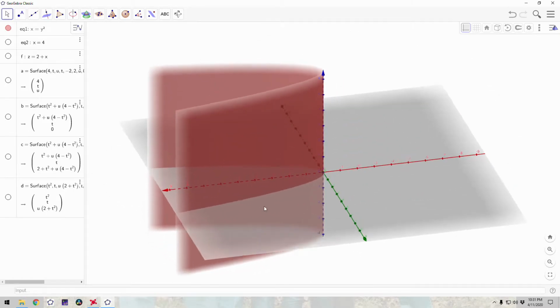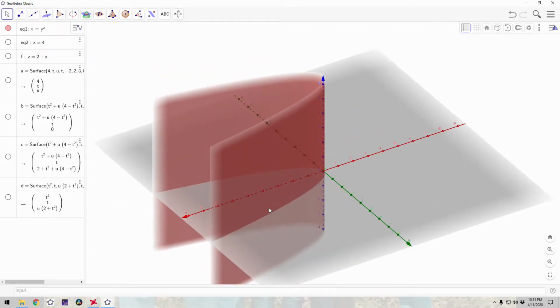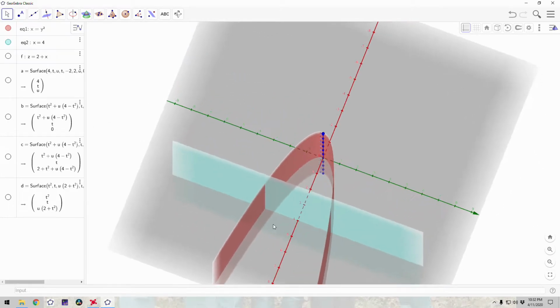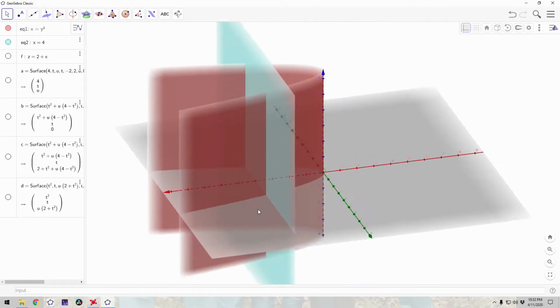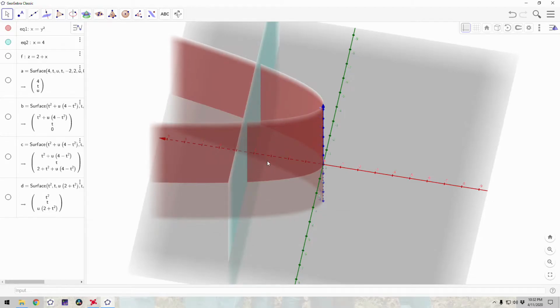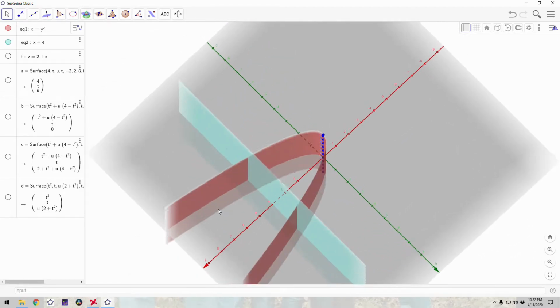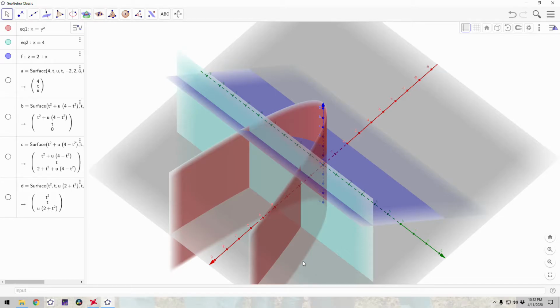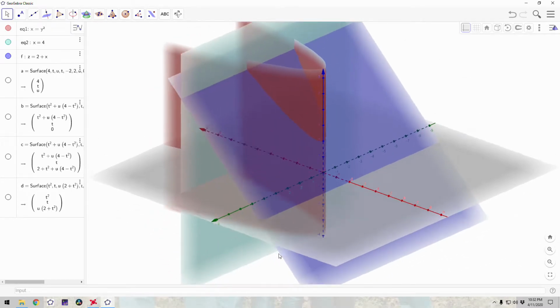Just parabolas all straight up and down the z-axis there. And then we also have our x equals 4 plane, which slices right into our parabolic cylinder. So you can already see a region forming here, right? And then, of course, the final surface, this plane right here, that slices at an angle through our region right here.